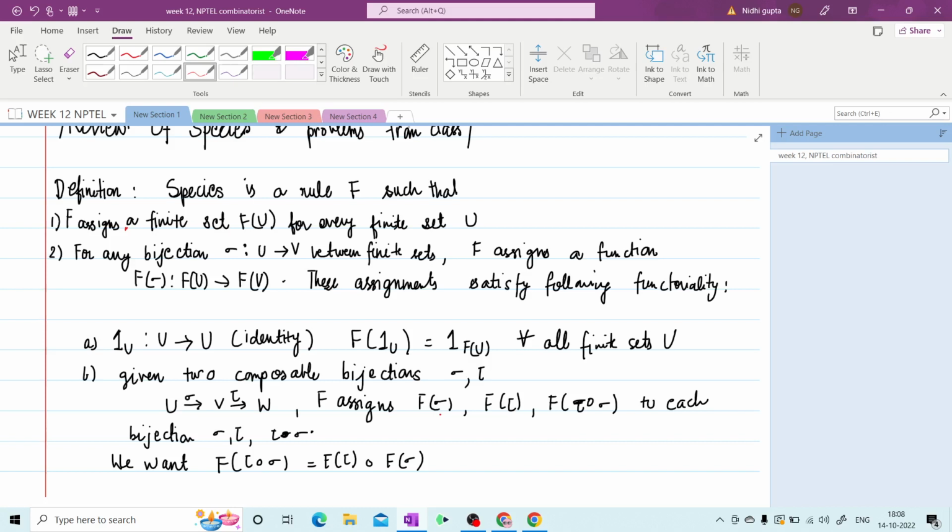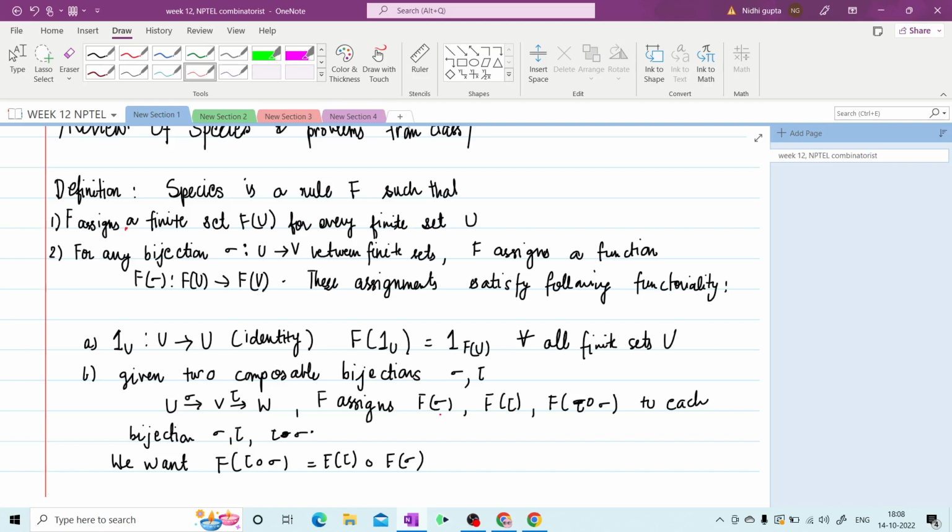To each finite set U, it is assigning some finite set F(U), and secondly, to any bijection between two finite sets, it is assigning some function. And these two assignments should be functorial in this sense that they should satisfy property A and property B. It should send identity functions to identity functions, and secondly, it should be well behaved with respect to composition.